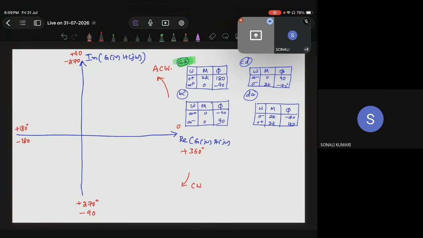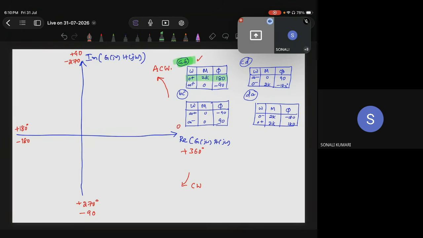So now you can see here, what is our first point we need to draw? First the AB part. Omega starts at 0 plus. What is the magnitude and what is the angle at omega 0 plus? Can anyone tell me?